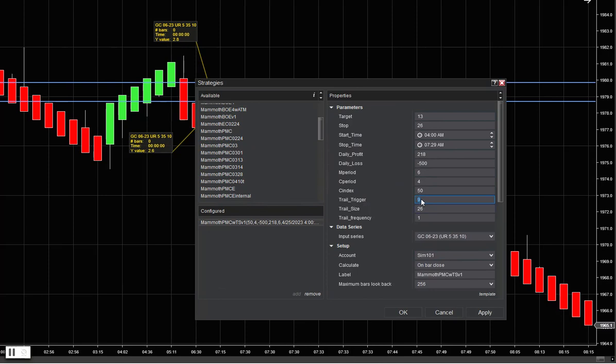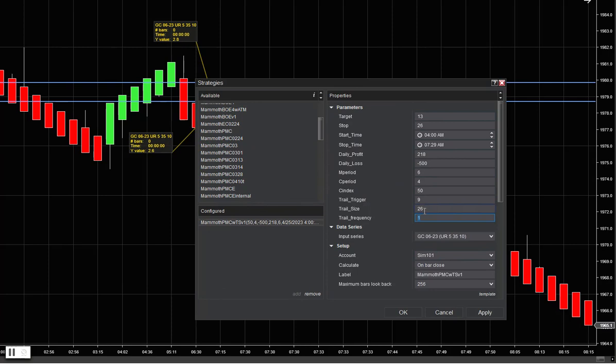The triggering price, 9 ticks, is basically 9 ticks from your entry price, and then it keeps going if the price moves one tick further. One tick means the frequency. The 26 ticks is a fixed distance, and that will follow the low of the short trade or the high of the long trade.